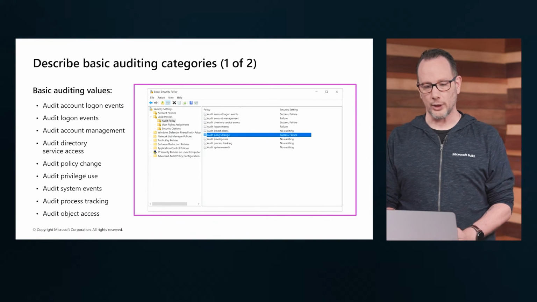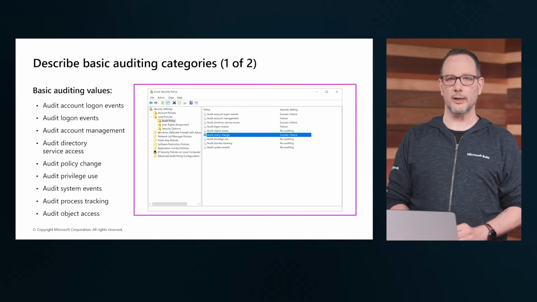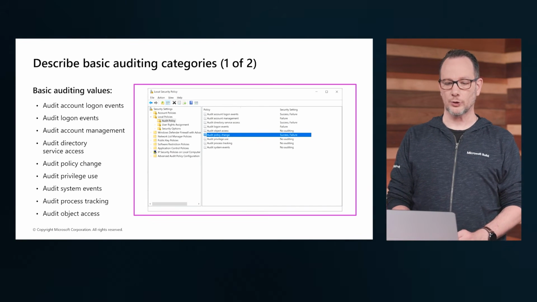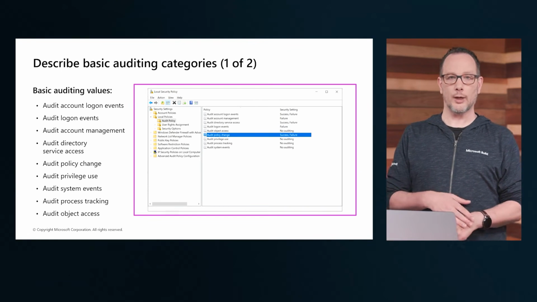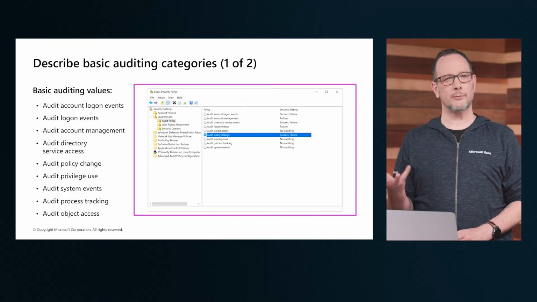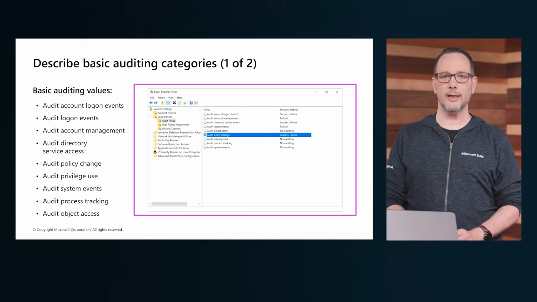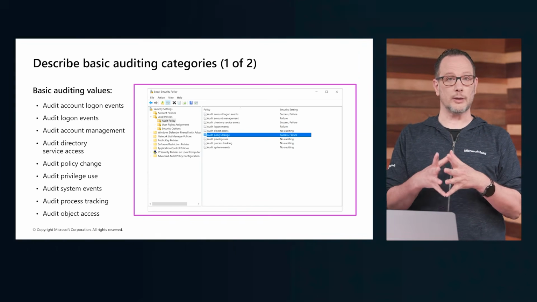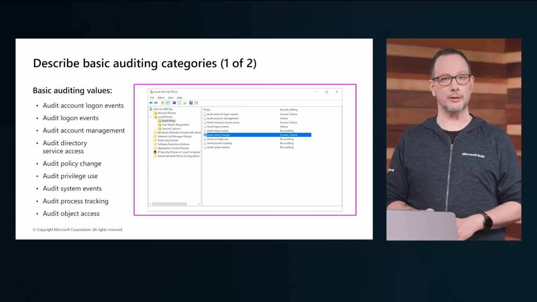Now, when we talk about auditing, it really means that apart from getting a view on what's running on the server, you're now also looking into other scenarios. One of the scenarios we're highlighting here is auditing account logon events. So what it means is you would go into Event Viewer, you would open up the Security tab, and then from there filter on what's happening. What is the reason why a user can or cannot authenticate?